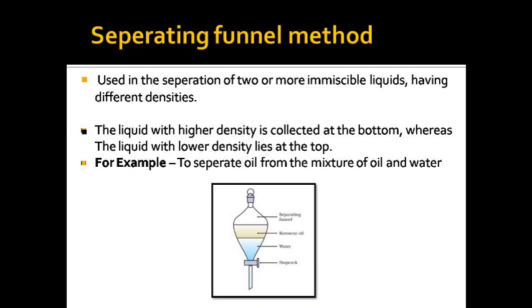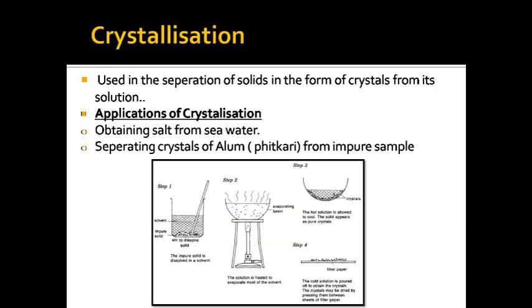For example, separation of oil from a mixture of oil and water. Since oil is less dense, it remains at the top, and water, being denser, is collected at the bottom. In this way, we can separate the components using the separating funnel method when the liquids have a difference in densities.